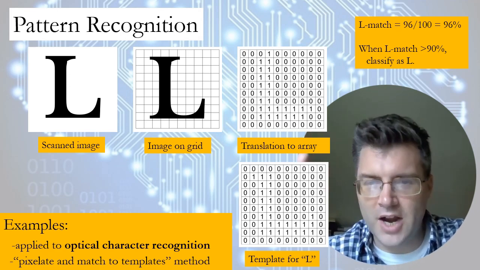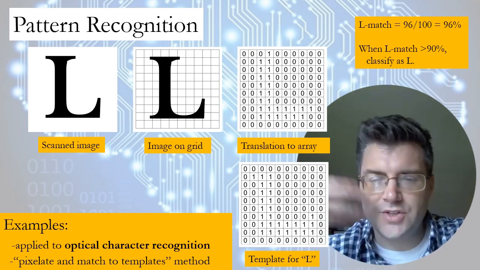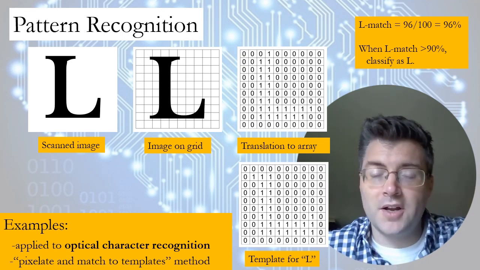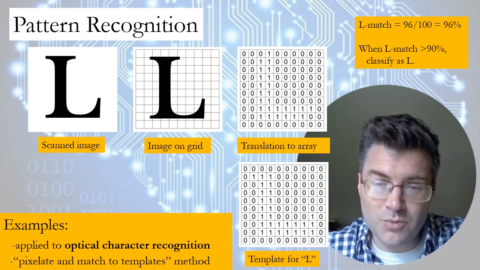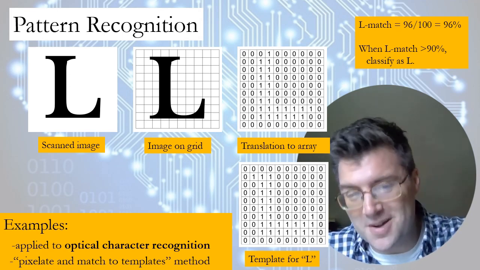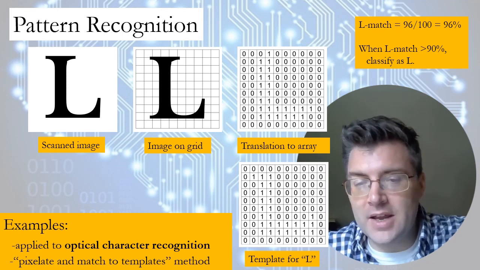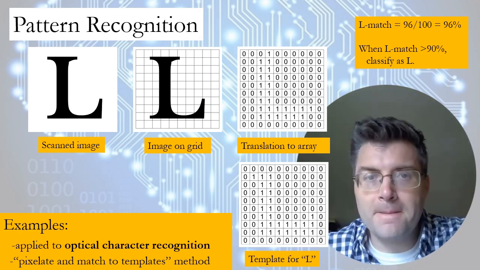An 80 or 90% match will get coded as an L, and so on for other letters. And this worked very, very well for printed letters, in particular letters that were printed with the same font as was used in the template. And it became used for automating the reading of bank statements very early on.